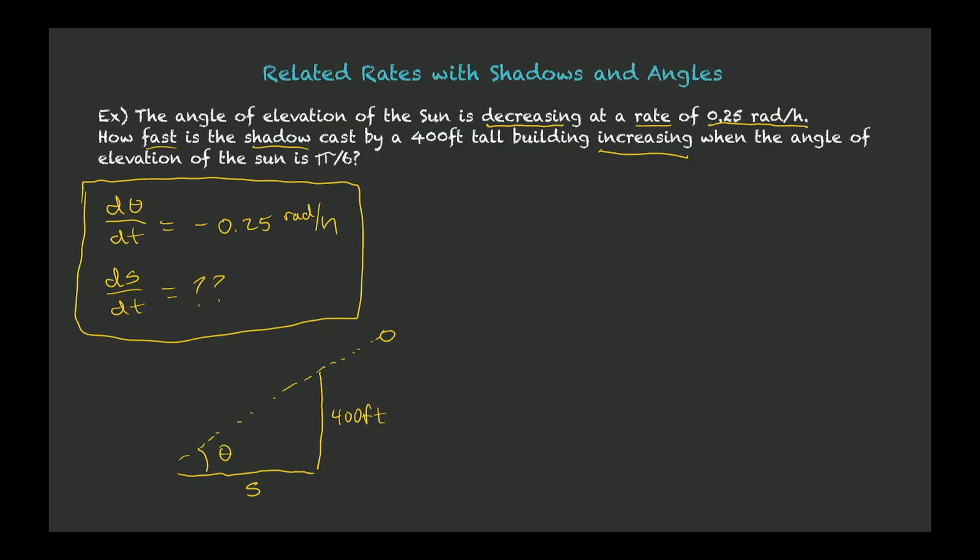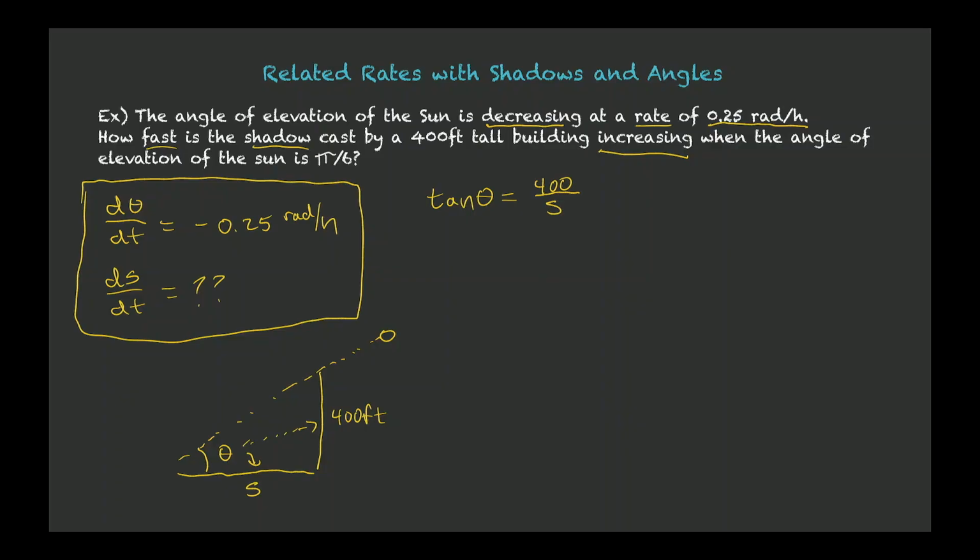For the angle theta, the height of the building is across from it, or the opposite side, and the length of the shadow is adjacent to it, or right next to it. So the trig function that has opposites and adjacents in it is tangent. Namely, we have tangent of theta is equal to the opposite side, 400, over the adjacent side, s.